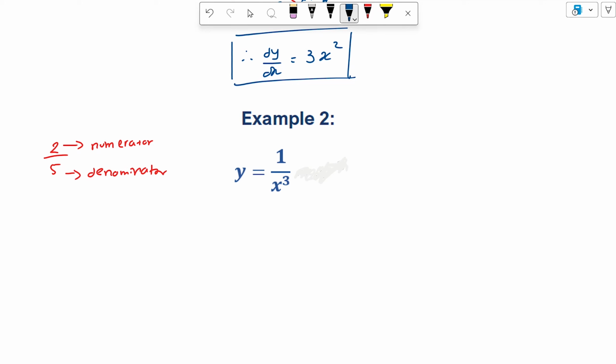In order to differentiate this, we need to bring up the denominator. So y is equal to, bring that up, and that is going to be x to the power of minus 3.